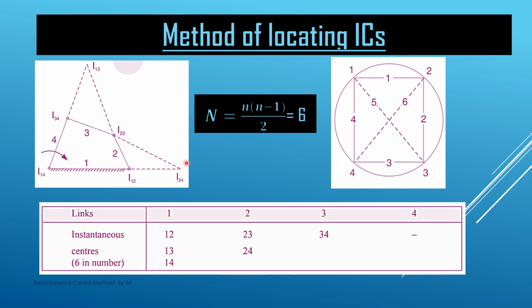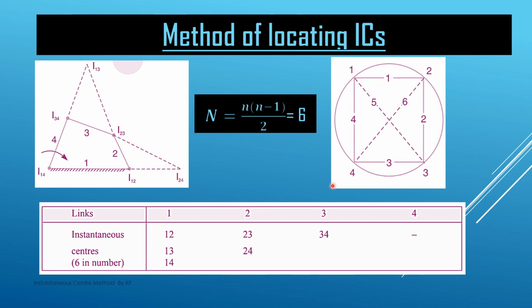This is I12, and the second side of the triangle is 1 4, so we extend the line joining I14 and I12 somewhere here. Then for the 2 3 and 3 4 line, joining I23 and I34, we again extend this line. These two lines meet at this intersection point, and this IC is I24.